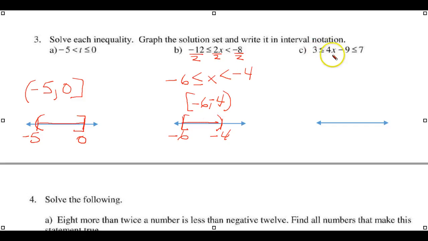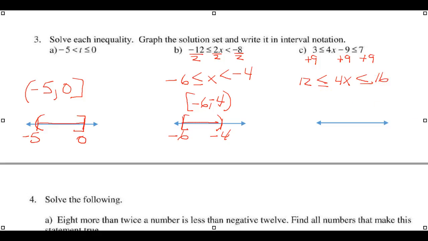Now, in letter C, we're going to add 9 to everything. And we can use that old technique. So this is 12 is less than or equal to 4x. And then this is a 16.